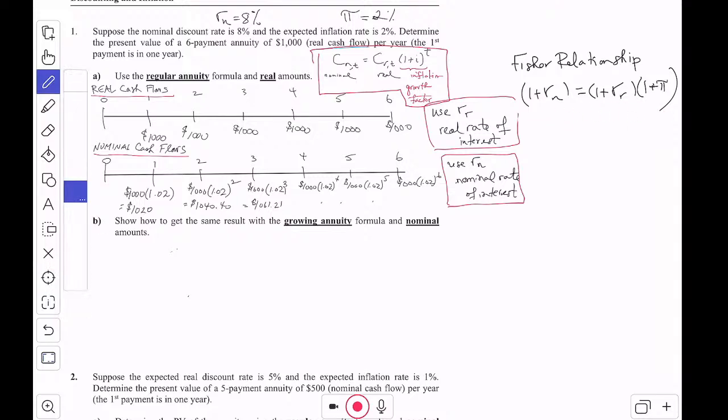I mentioned also that in economics you will have learned that the nominal rate is equal to the real rate plus inflation, but that's just an approximation.